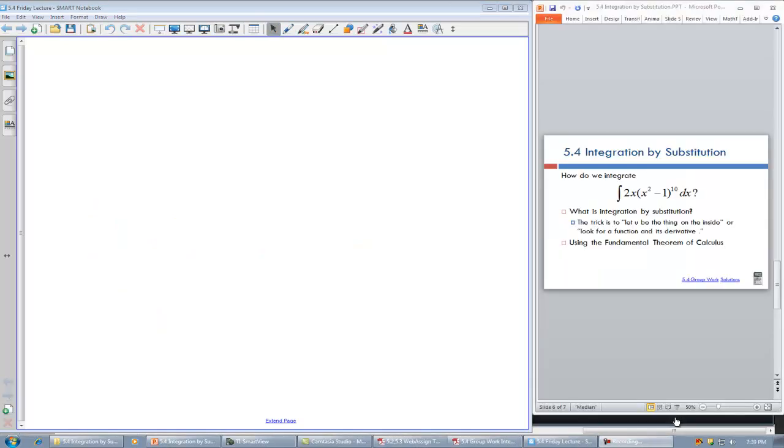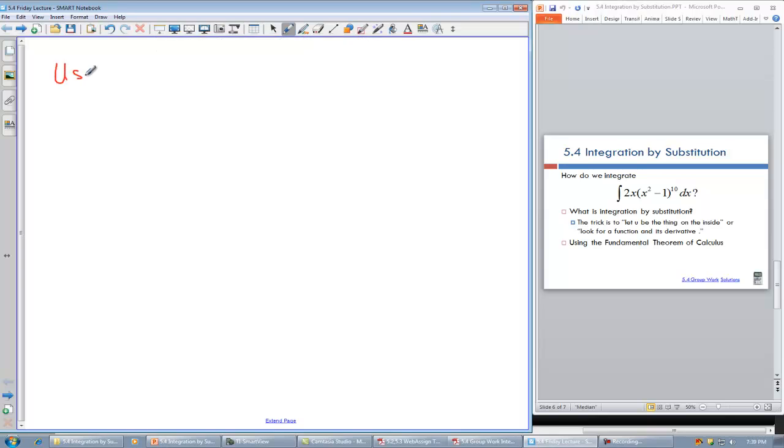All right, so we're back again, and we're talking on 5.4, integration by substitution. And what we want to talk about is how we can use the fundamental theorem of calculus to solve these types of integrals when we have limits of integration, when we have numbers here. So let's write down something here.